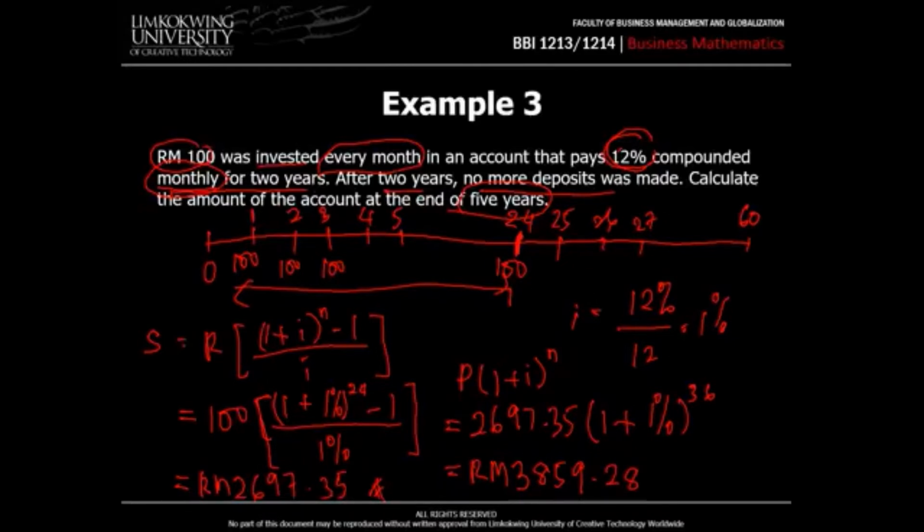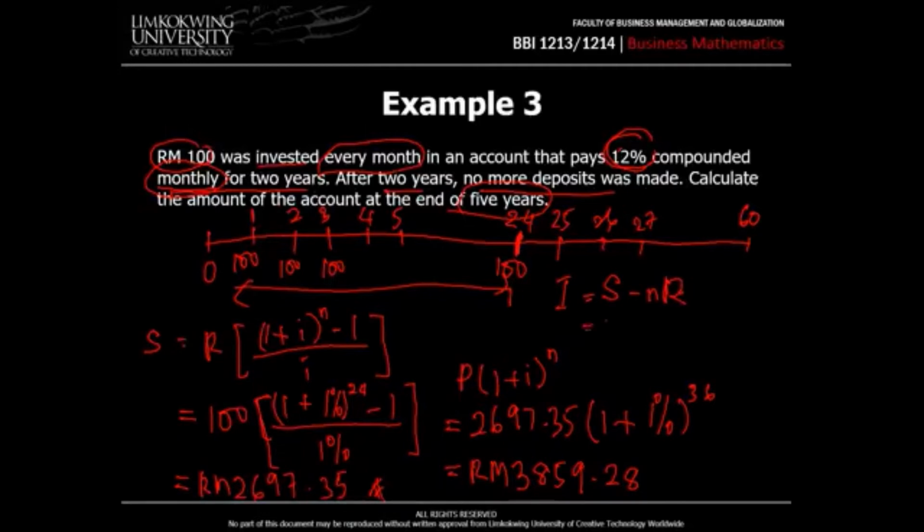Okay, now what is the interest earned? After 2 years, we calculated the amount of the account at the end of the 5 years. Okay, let's say we want to find the interest earned. To get the interest earned, I equal to S minus nR.